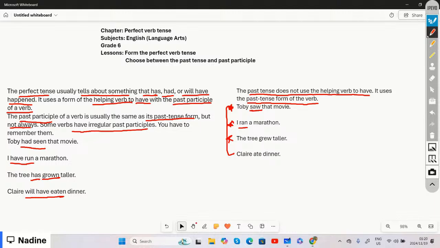And if we were to select our past tense verb within that sentence, we can say the tree grew taller. Grew shows us what happened, the action that happened with the tree. It got taller and taller.